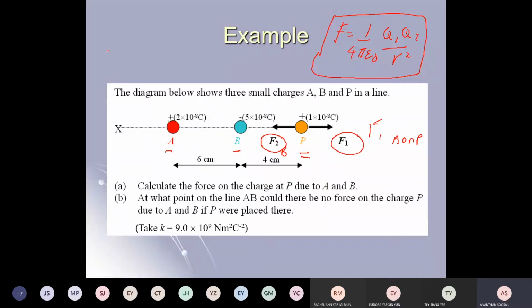So what is the net force acting on P? Of course, we have to add or subtract the two forces. We subtract because the forces are in opposite directions. Use your common sense. Just looking at the values, tell me without calculating: is F2 going to be greater or F1?